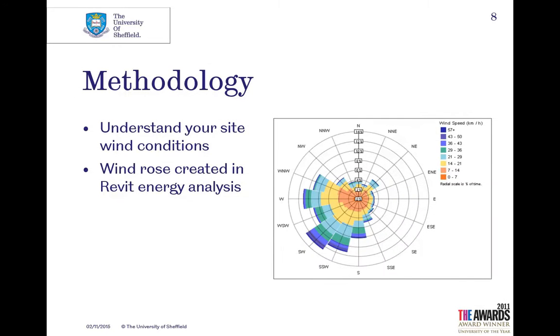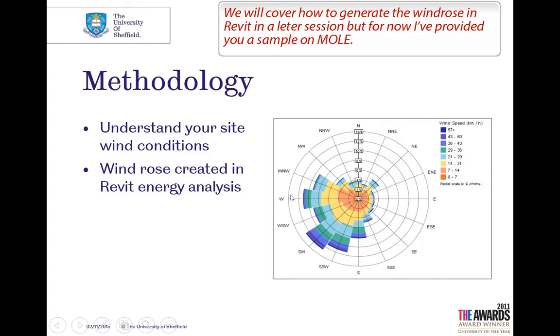Okay. Methodology. You need to understand your site wind conditions. And when Windflow was a plugin for Revit, this used to be all done inside Revit, but now you have to do it in a different way. So you need to understand the wind of your site. Two possible ways. You can create a windrose from your Revit energy analysis, which we've already demonstrated. So this is a typical windrose. This is the windrose for a whole year.